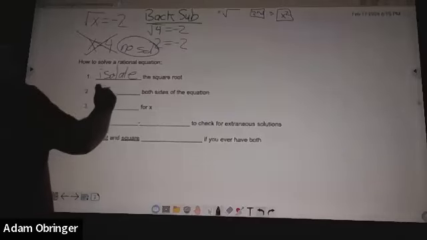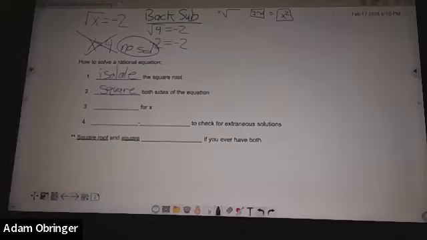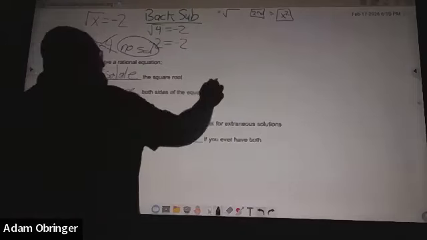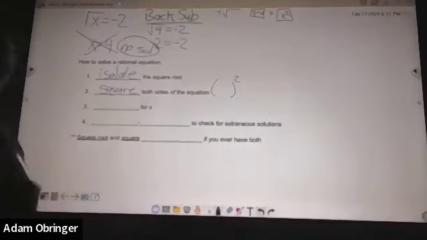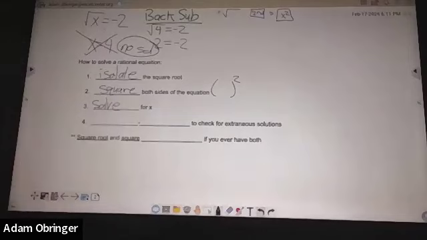Second step, you are going to square both sides of the equation. And by square both sides, I mean do a parentheses with a literal square. You are then going to solve for x.